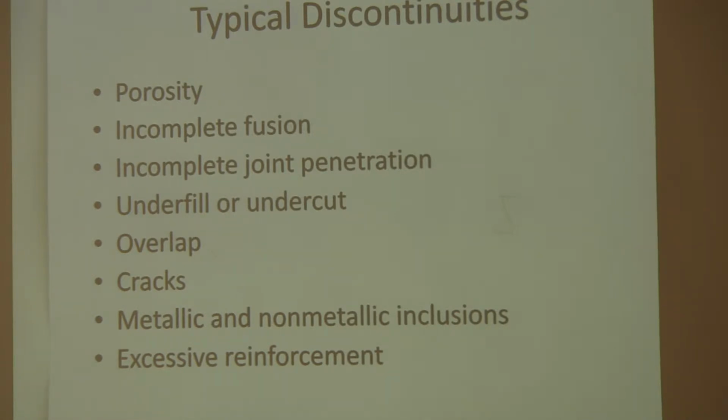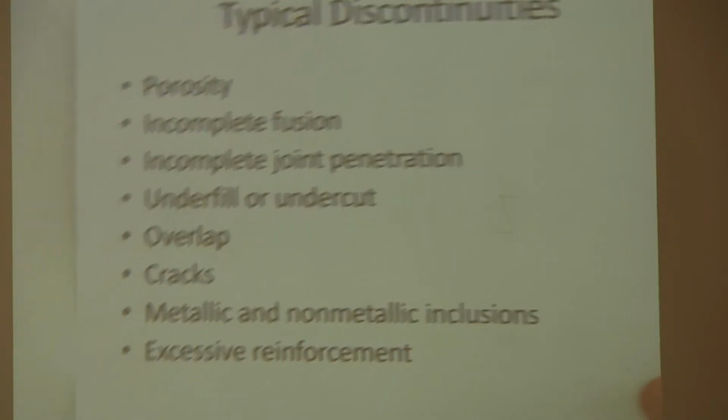There's a difference between fusion and penetration that I'll mention in a minute. There's things like underfill or undercut, overlap, cracks, inclusions, and excessive reinforcement. And let me show you a few of those.